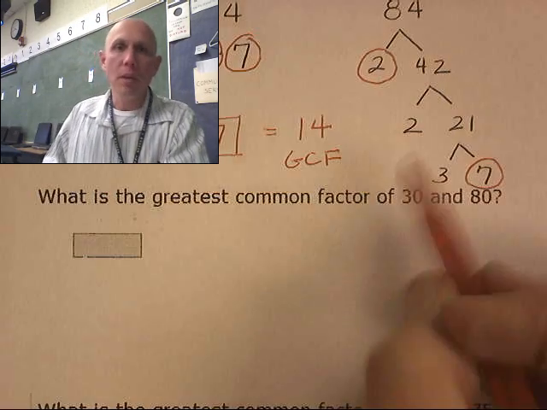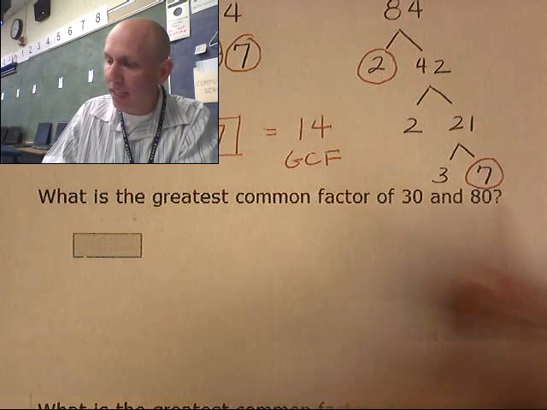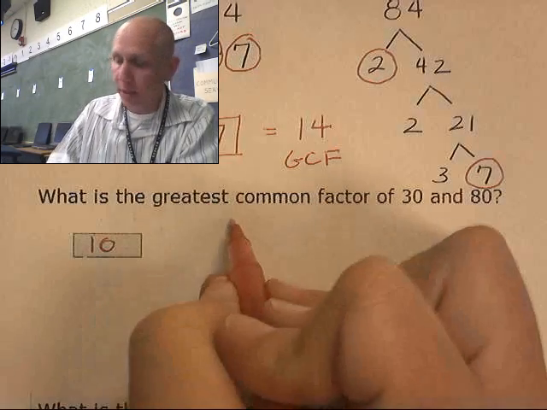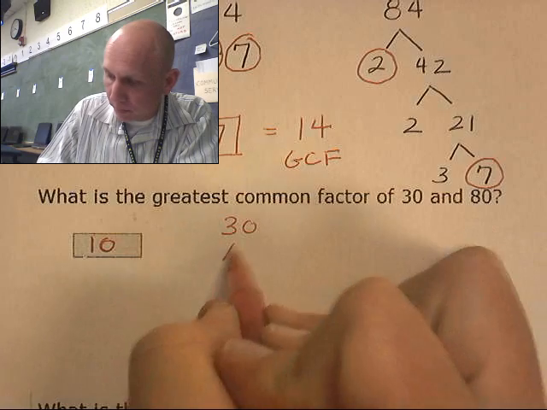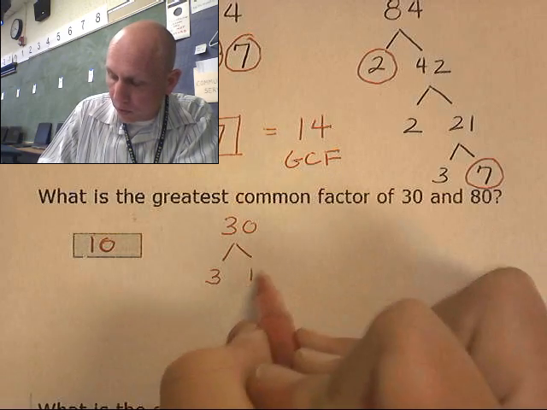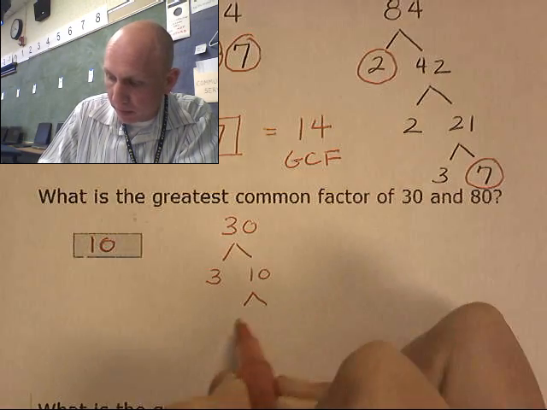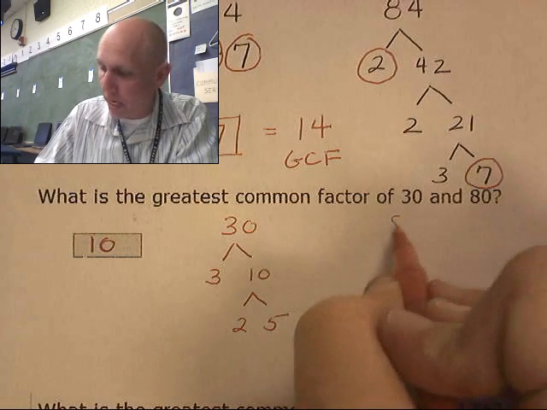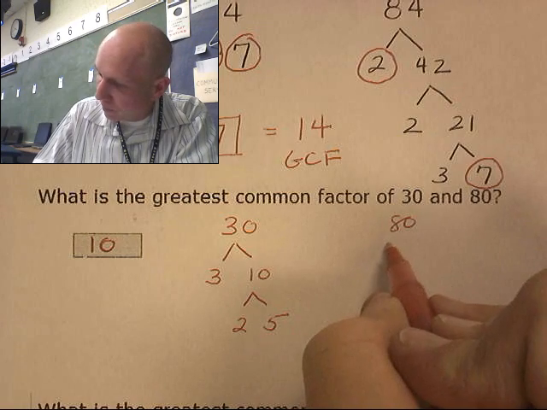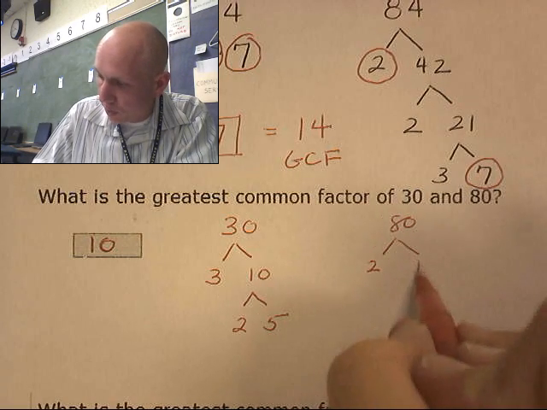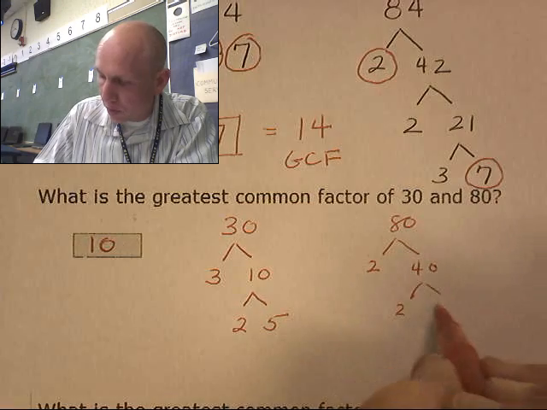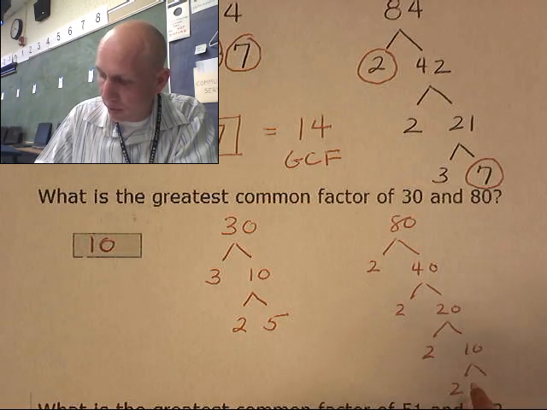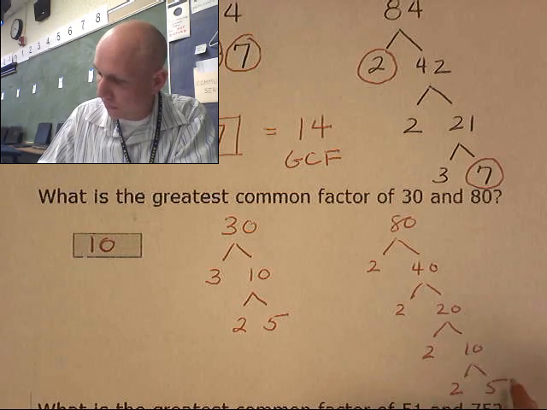This one, you can probably see it. I have a 30 and an 80. I think the answer is going to be 10. But let's see, am I right? 30 is 3 times 10, which is 2 times 5. 80 is 2 times 40, 2 times 20, 2 times 10, 2 times 5.